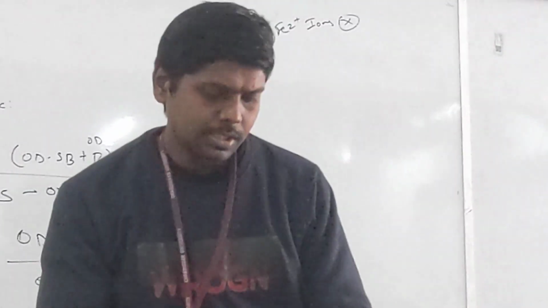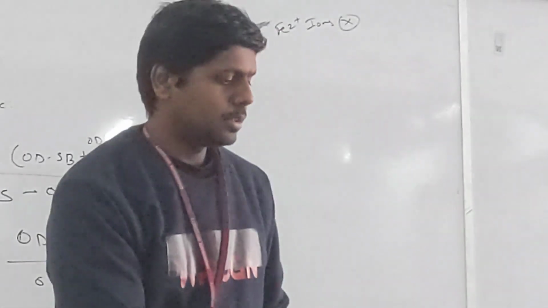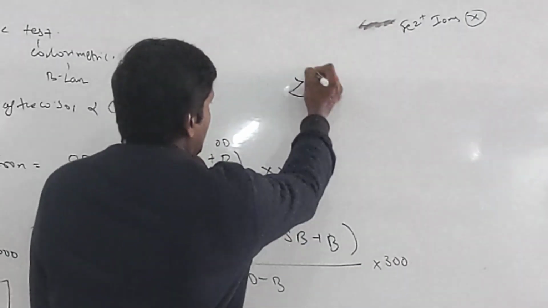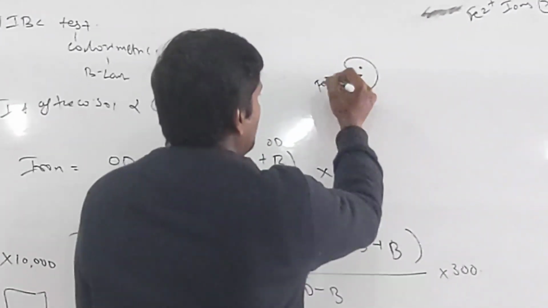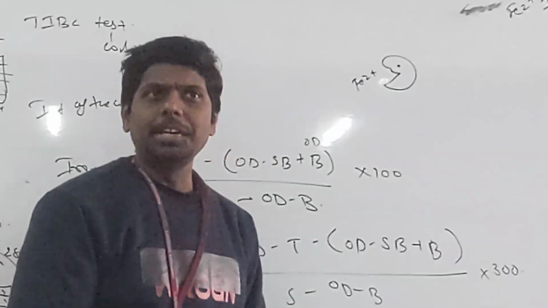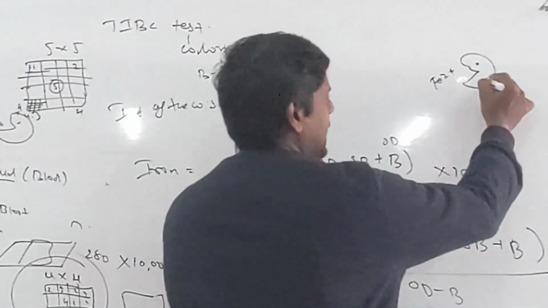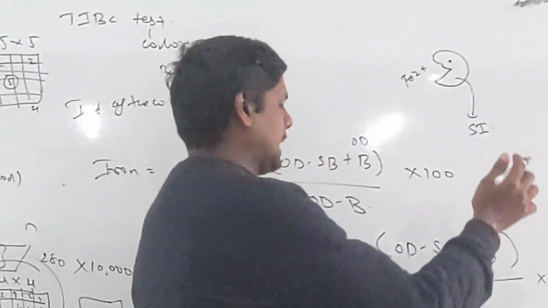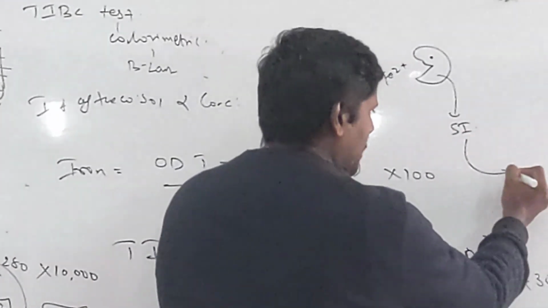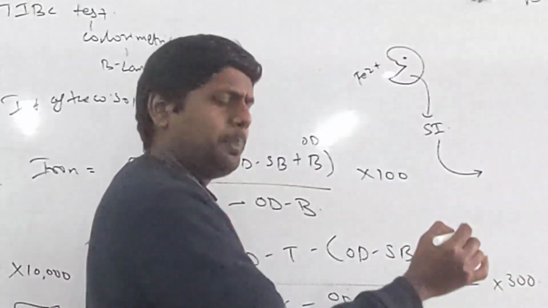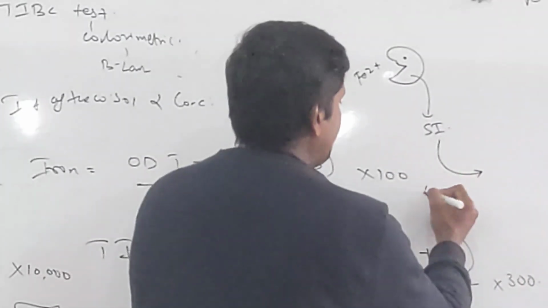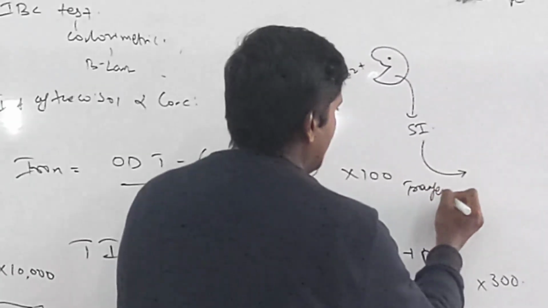Listen. In the diet you have taken iron, and iron entered into the small intestine. In the small intestine there is a protein called transferrin.